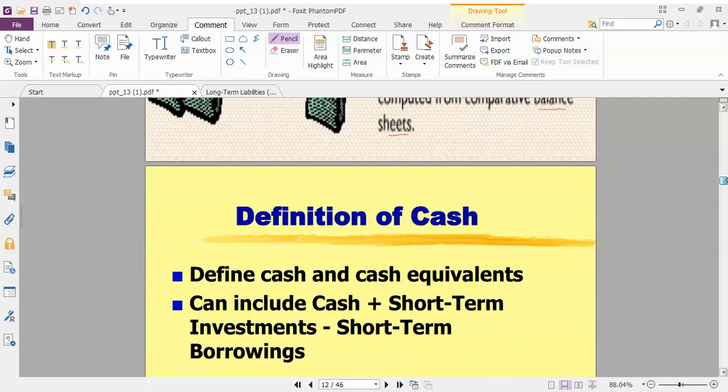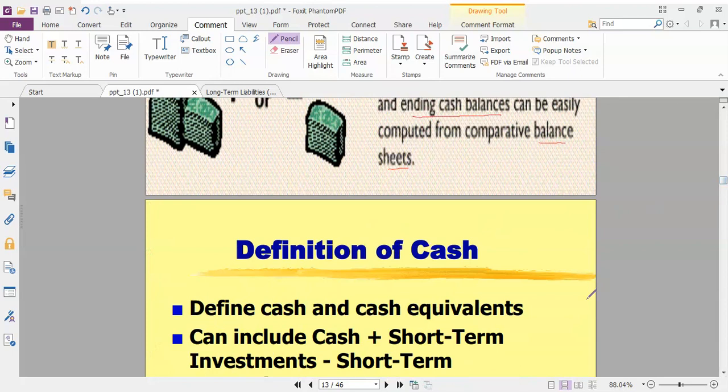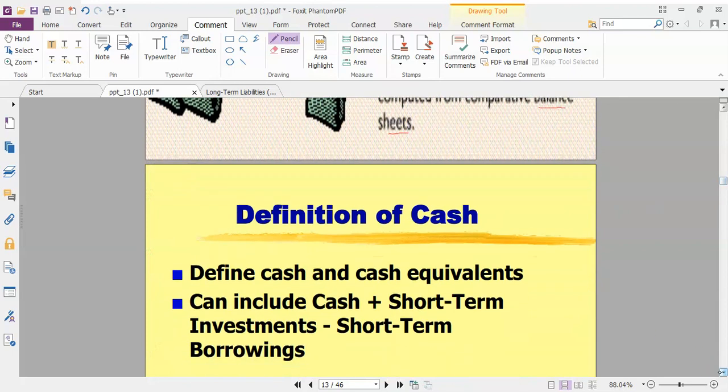So how can we define the cash? In the cash flow statement, we have cash and also cash equivalents.